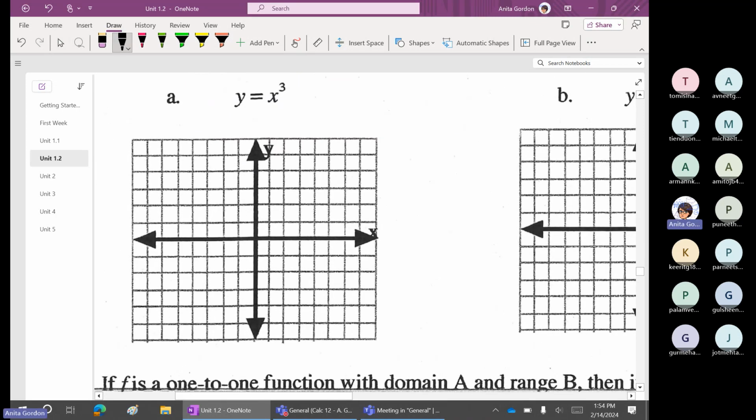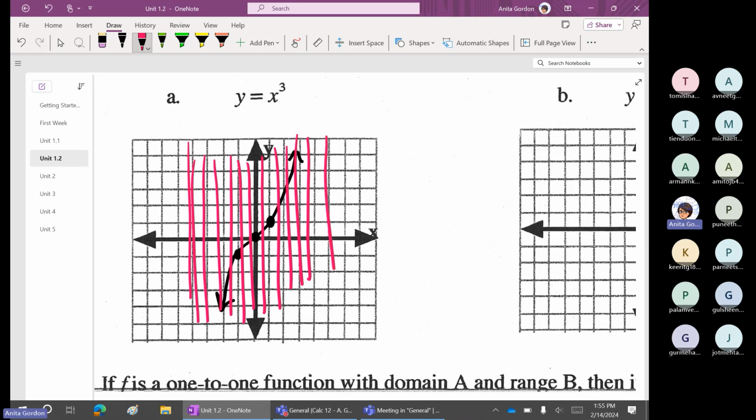So what are some key points? 1, 1, 0. A vertical line test is where I'm checking the graph vertically and making sure that no matter how many of these pink lines I draw, they only intersect the graph at one point.